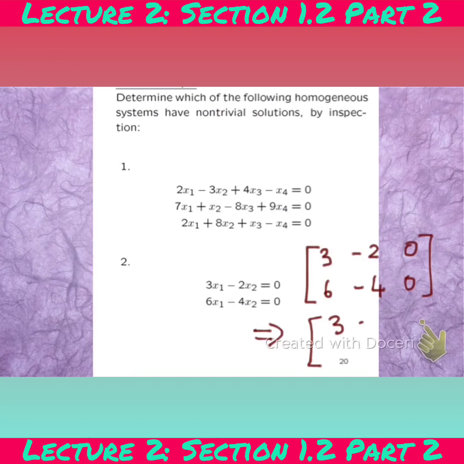That's going to be 3, minus 2, 0, and 0, 0, 0. So it's got a zero row, and it's got a leading variable there.